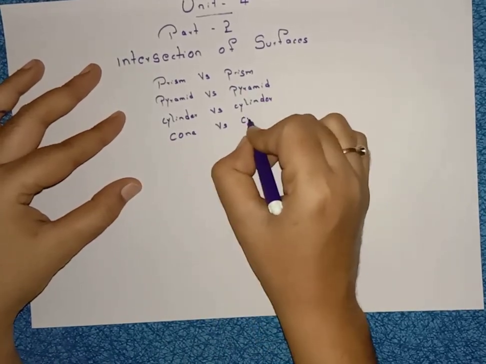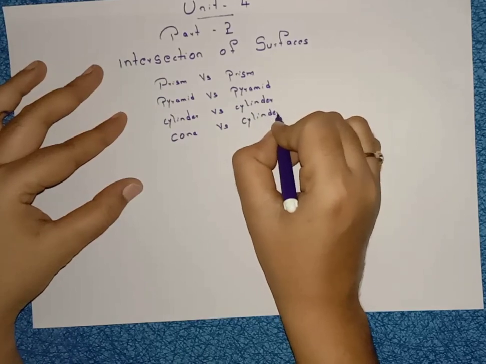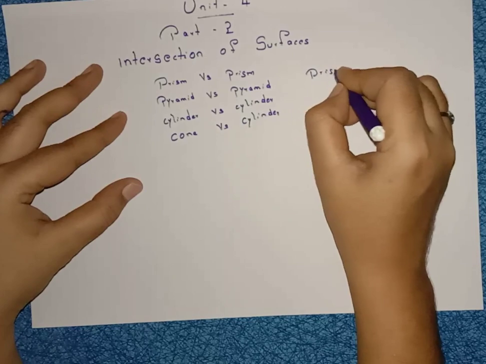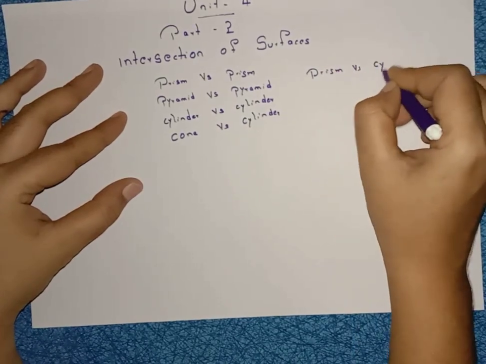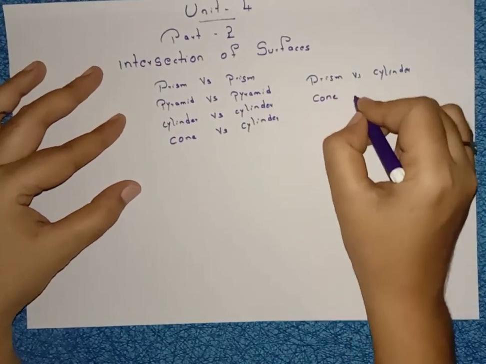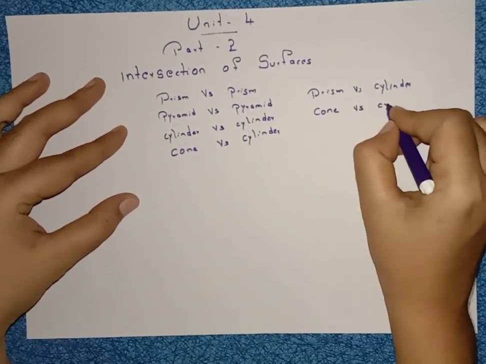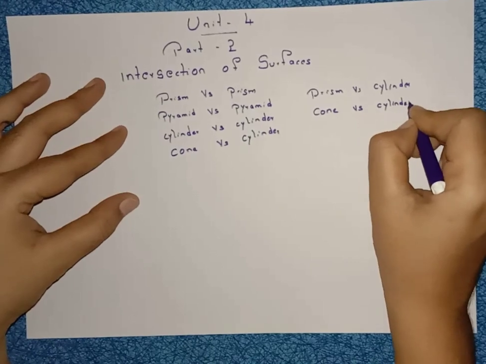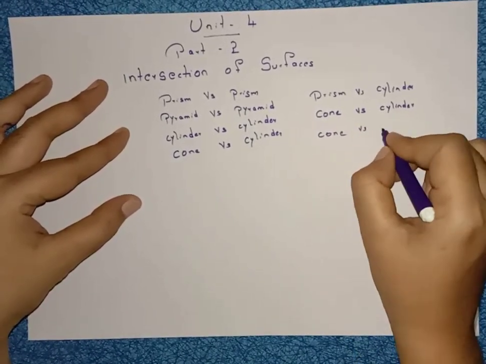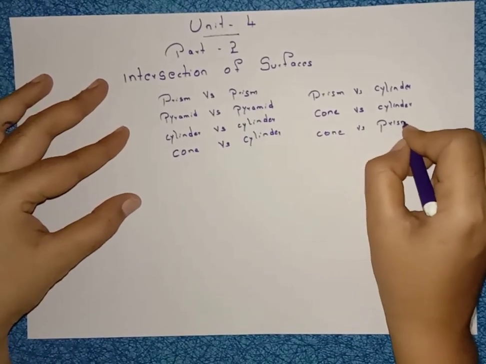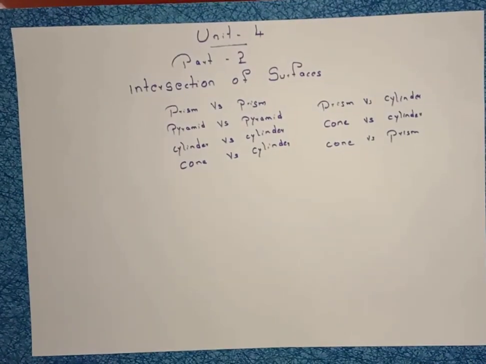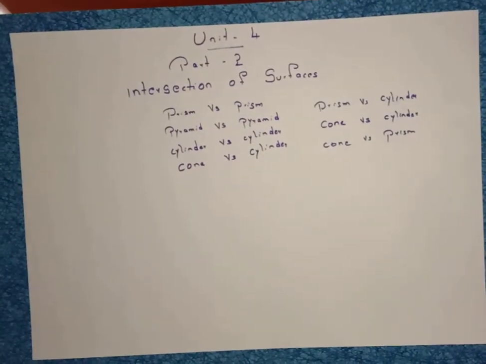We know all this, right? Or they will mention prism intersecting cylinder, cone intersecting cylinder, or cone intersecting prism, like this. So we are going to draw how one solid penetrates into another solid.